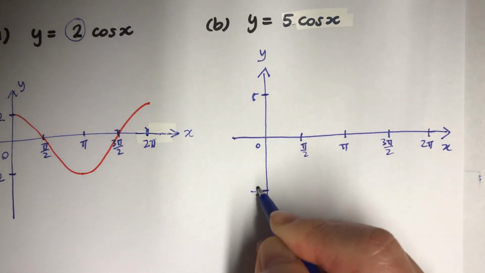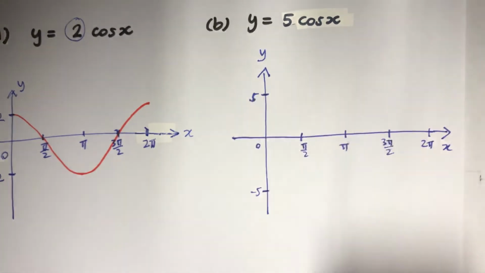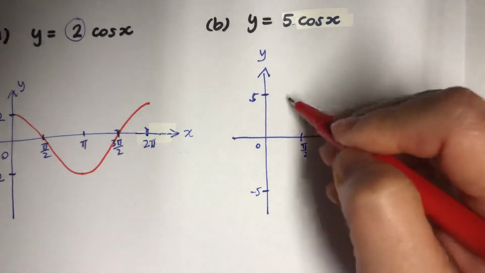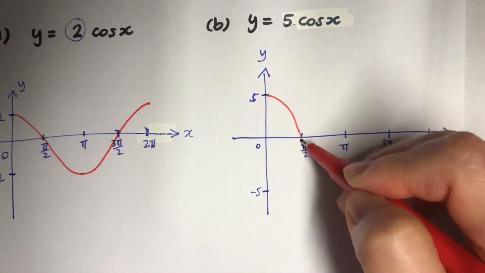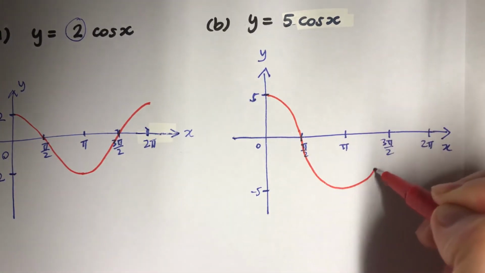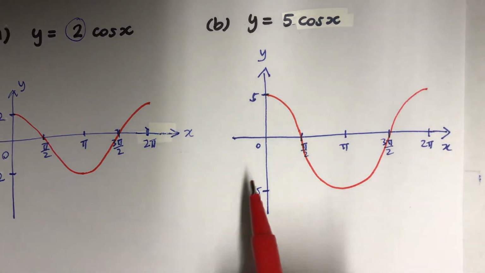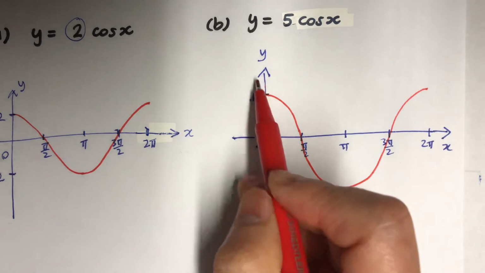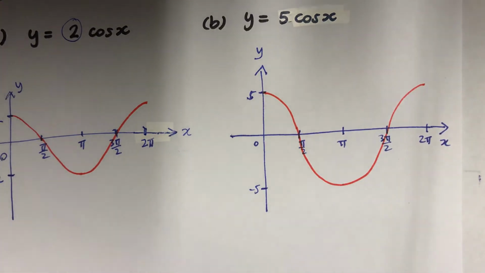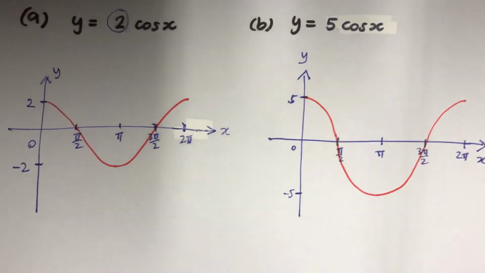That's my -5 there. Then again, same thing happens. That's very easy. Okay, so that's my one. So that's got down to 5, -5, 5. That wasn't too bad.